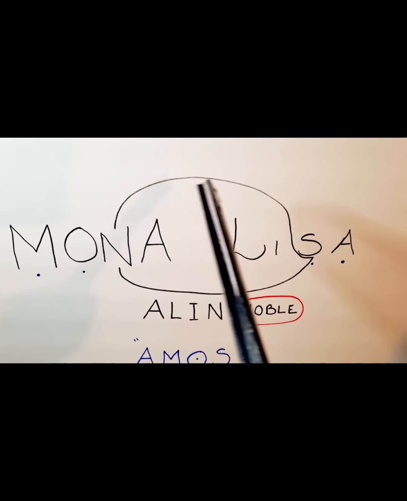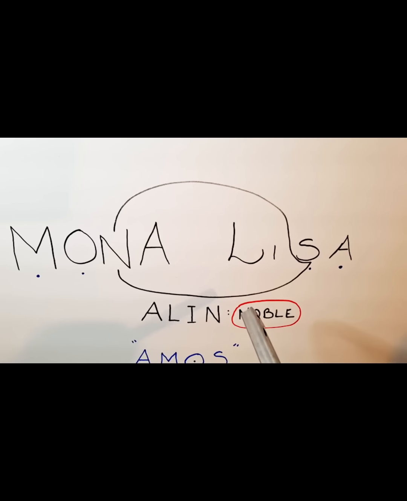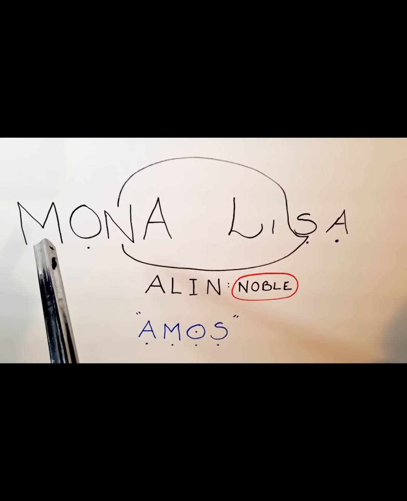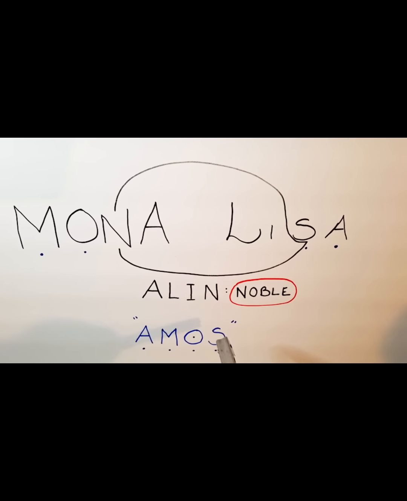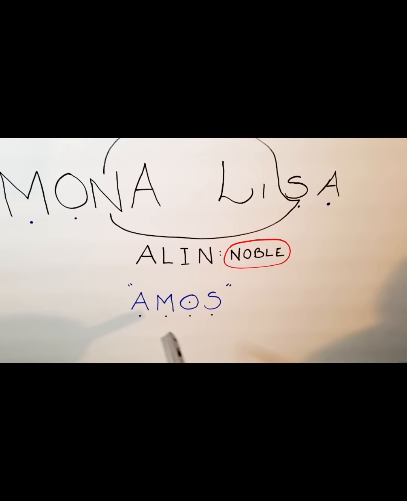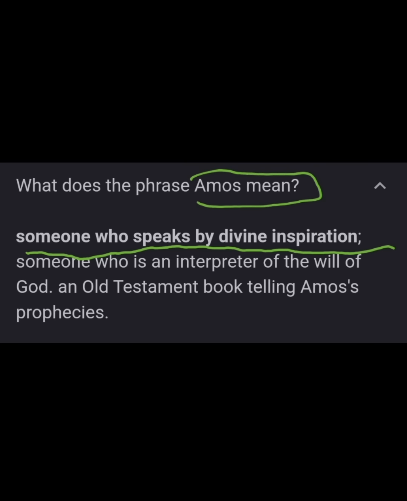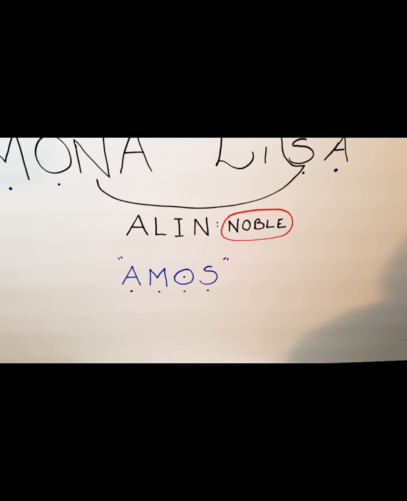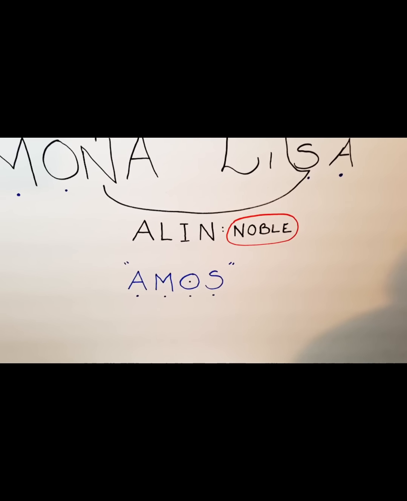The remaining letters outside the circle of noble, we have A, M, O, and then we have S: Amos. Amos is a well-known prophet, and Amos is also a noble prophet.